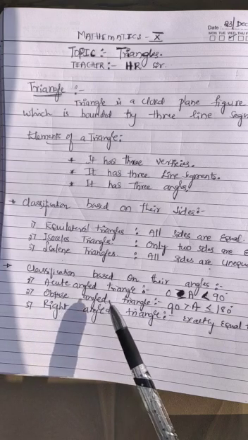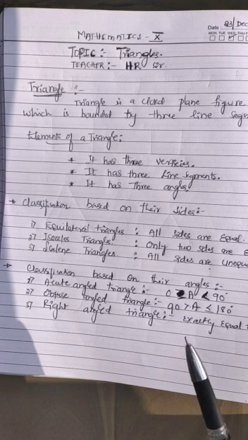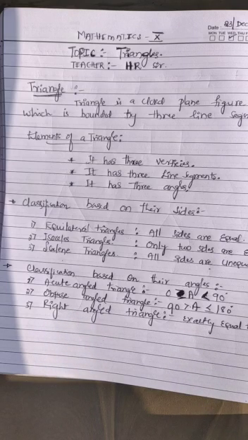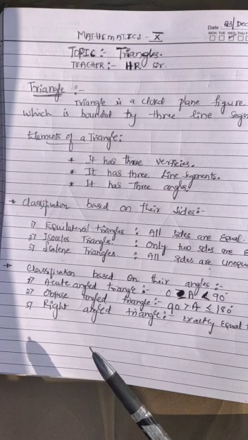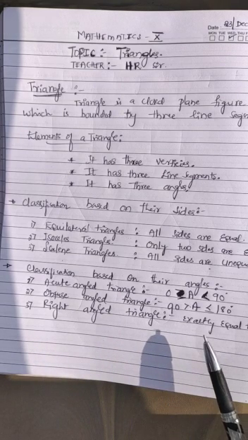An acute angle triangle means all the angles in the triangle are greater than 0 degrees and less than 90 degrees. An obtuse angle triangle means any one of the angles is greater than 90 degrees and less than 180 degrees, the angle between 90 and 180, right?